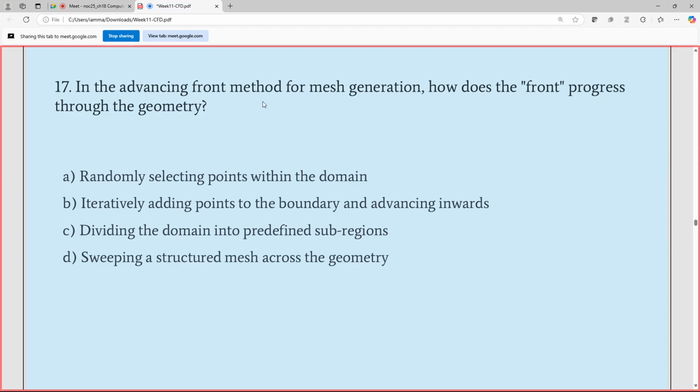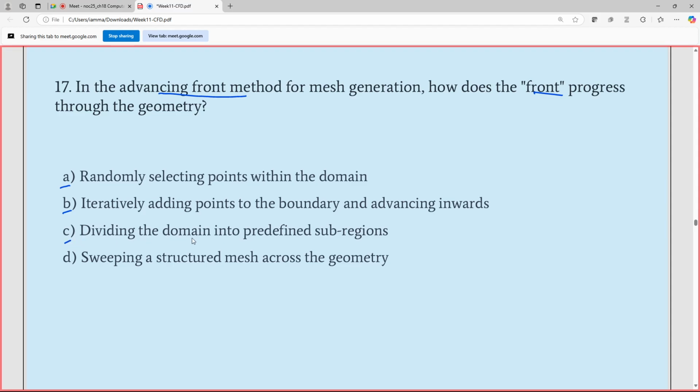In the advancing front method for mesh generation, how does the front progress through the geometry? The question is on the advancing front method of mesh generation. Options are: option A, randomly selecting points within the domain. Option B, iteratively adding points to the boundary and advancing inwards.